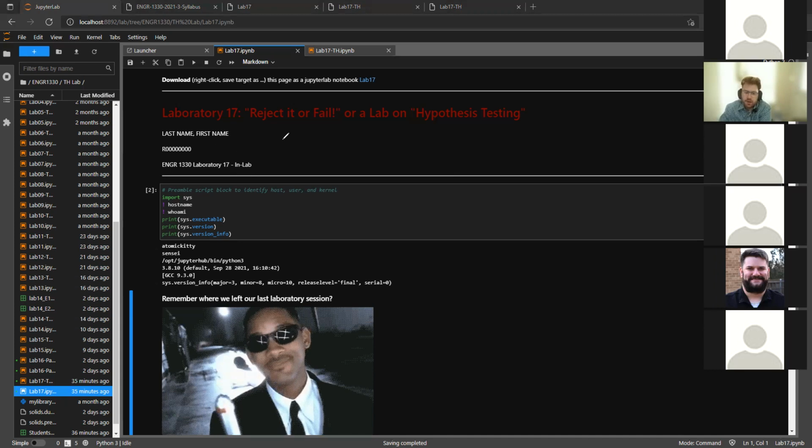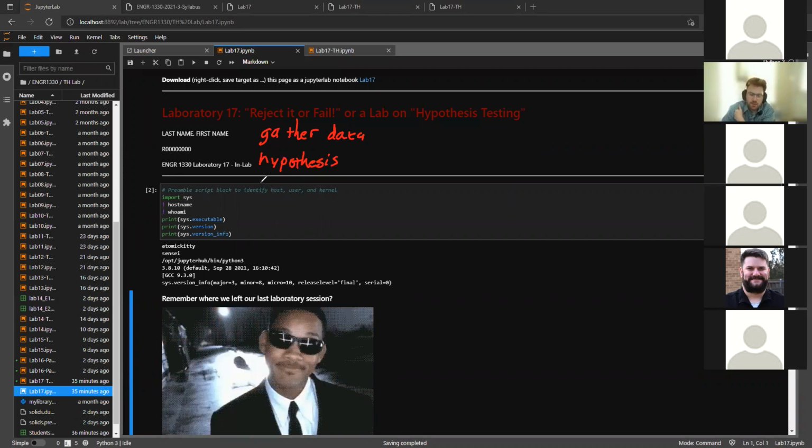So the process we have, and some of these steps can be interchanged, I'll try to put the ones that can be interchanged here on the left, is we want to gather some data and we want to have a hypothesis about the data. And we want to see, is it true?